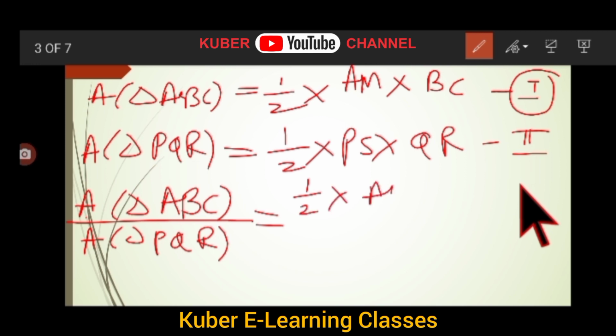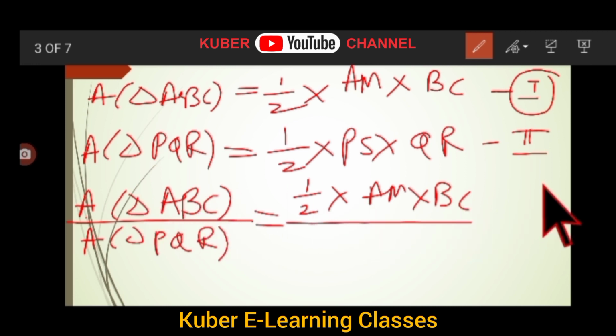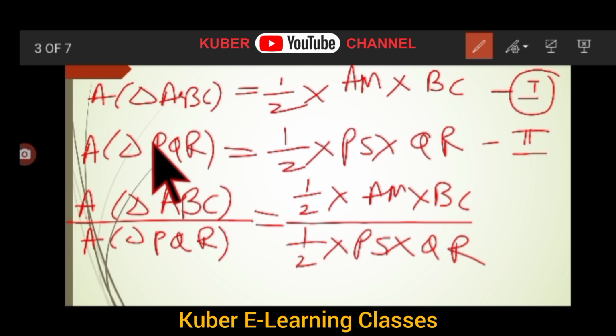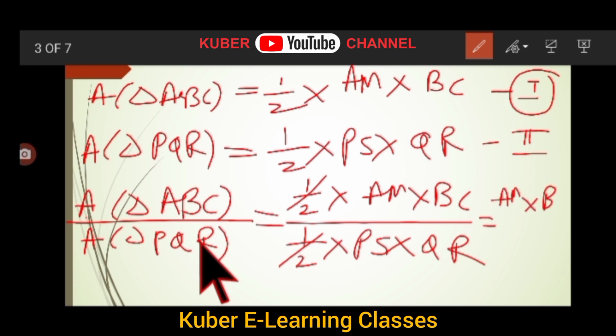Half into AM into BC, because that is the area of triangle ABC, divided by half into PS into QR, right? Now this half will get cancelled, and what you get is AM into BC over PS into QR, right?